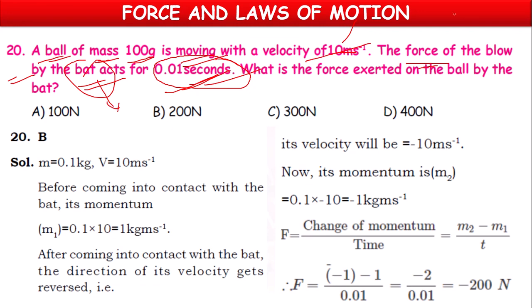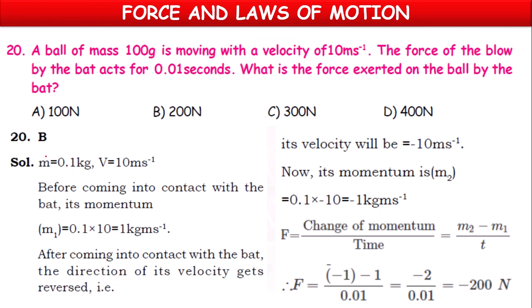Then what is the force exerted on the ball by the bat? So the mass of the ball, 100 grams, means 0.1 kg. Velocity of the ball is 10 meters per second.